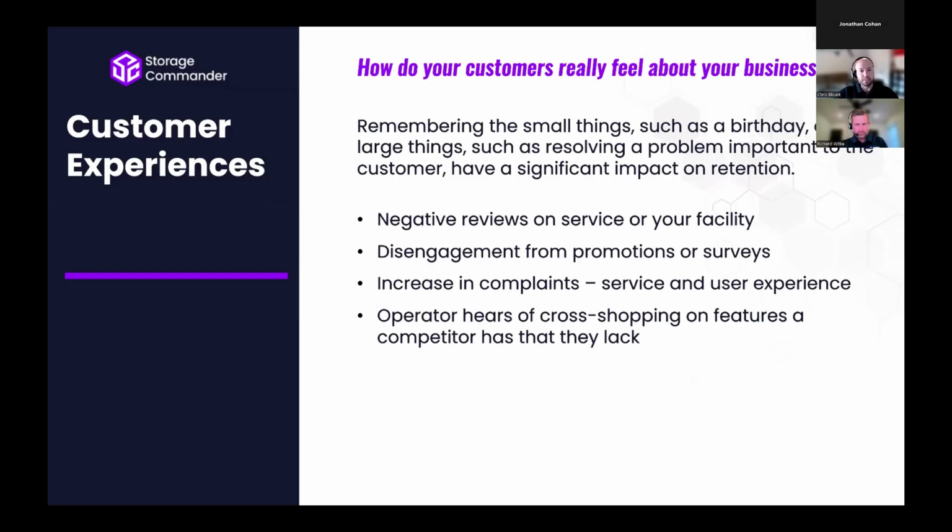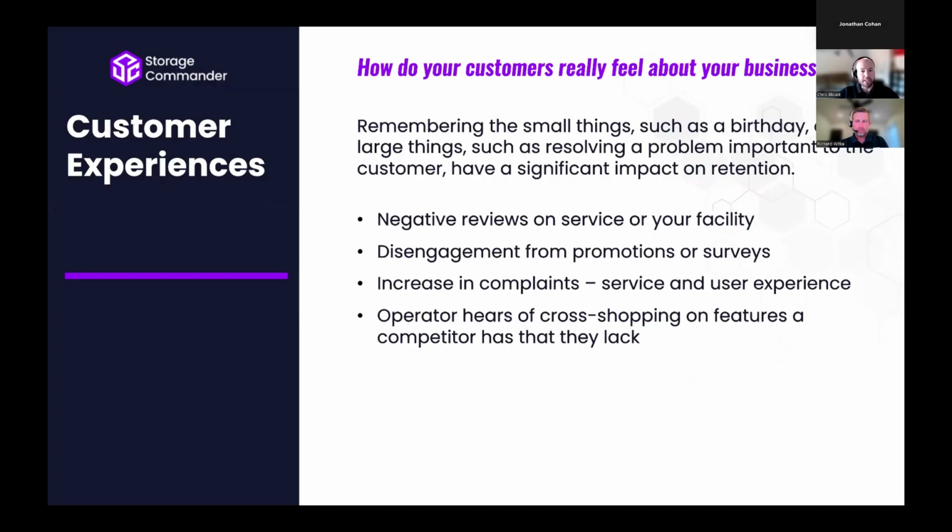This can often signal unmet expectations or poor communication. It's important to act fast, respond publicly with empathy, and resolve the matter privately with action. You can turn a negative reviewer into a happy customer, and it can be one of your strongest retention wins and often turn into a referral source.